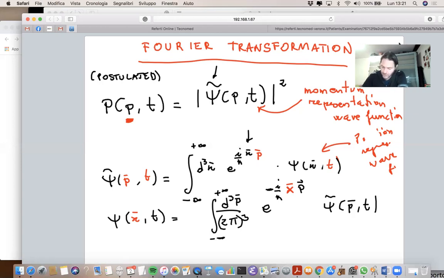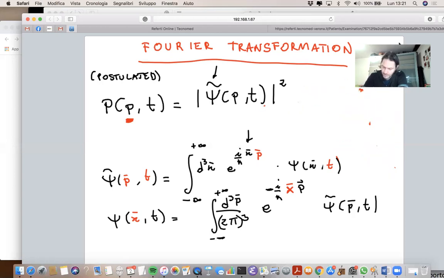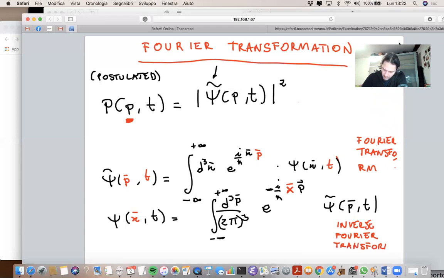So the first line is called the Fourier transform of the wave function, and the second line is called the inverse Fourier transform, or sometimes also the anti-Fourier transform.